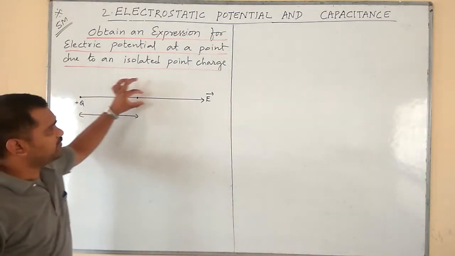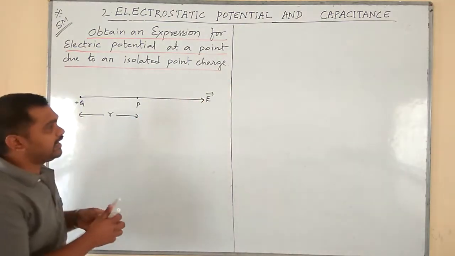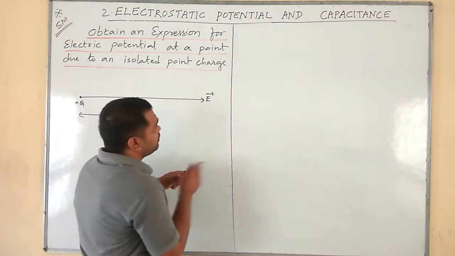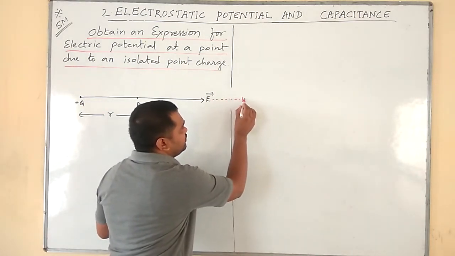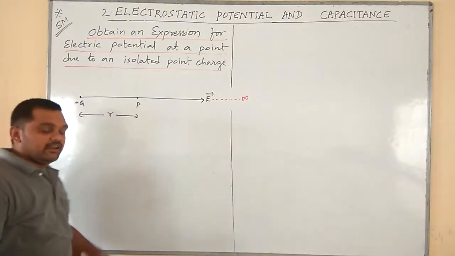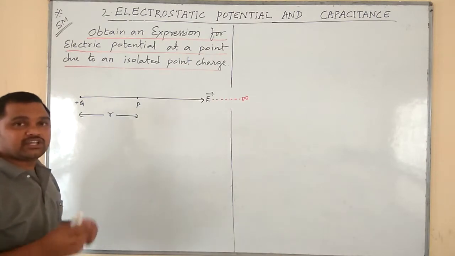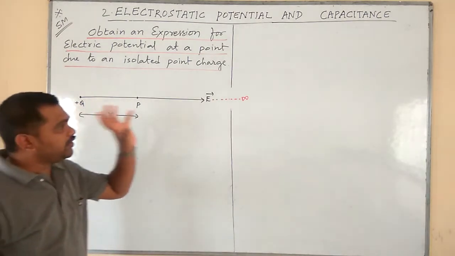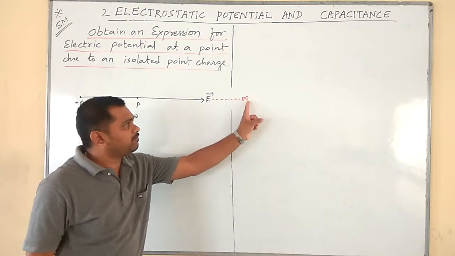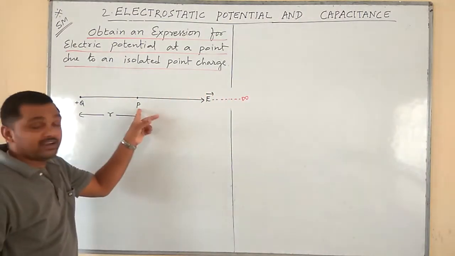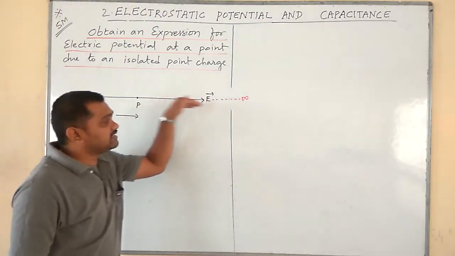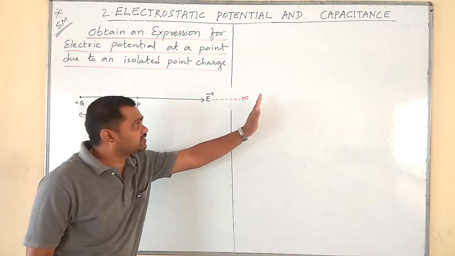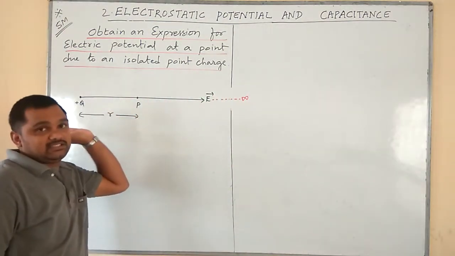Therefore, the direction of electric field will be like this and it will extend up to infinity. Let us take that infinity here. Now, our intention is to bring a unit positive test charge from infinity to this point against this electric field. Electric field is like this and we have to bring that charge like this.